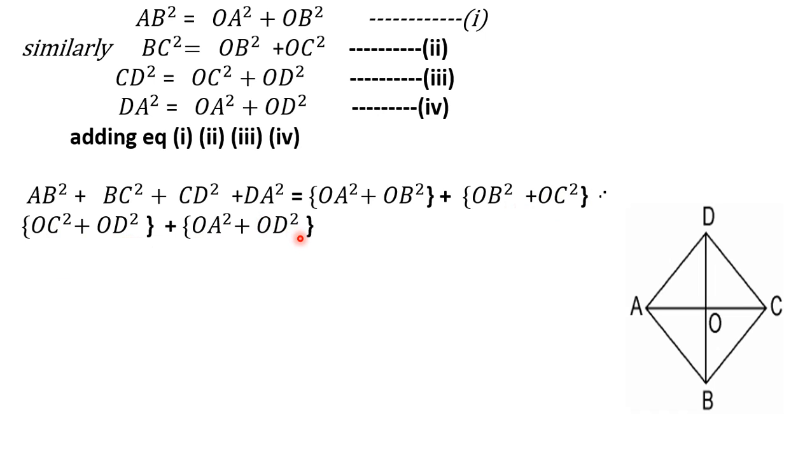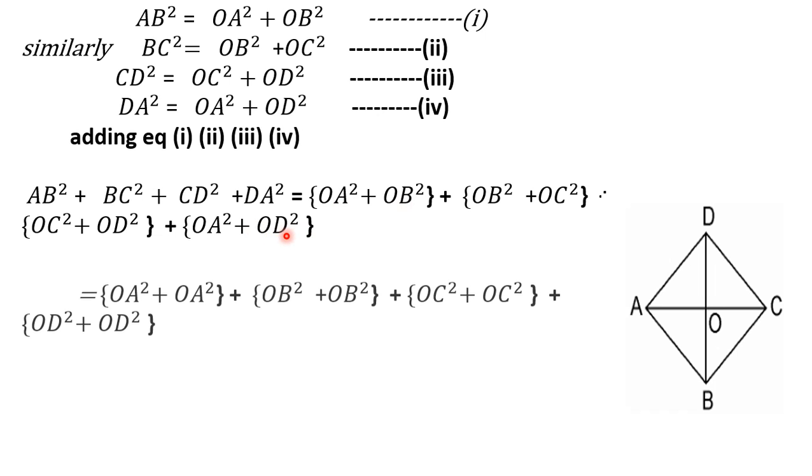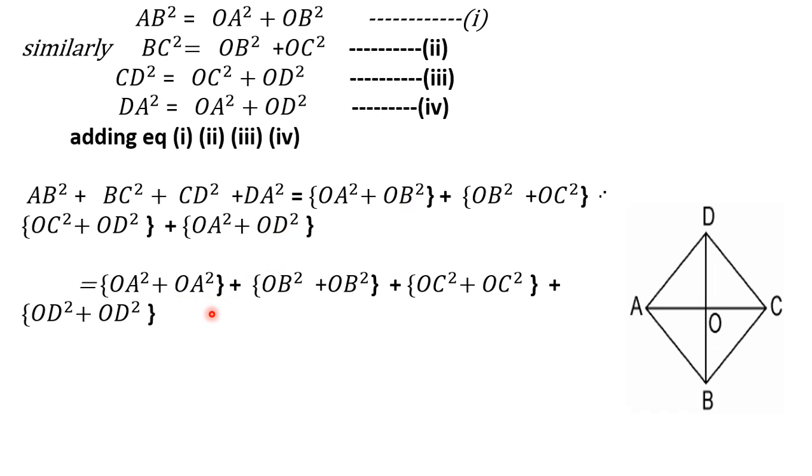As we are adding left hand side to left hand side and right hand side to right hand side, now we observe here all the terms OA, OB, OC and OD appear 2 times. So we get twice of OA square plus OB square plus OC square plus OD square.